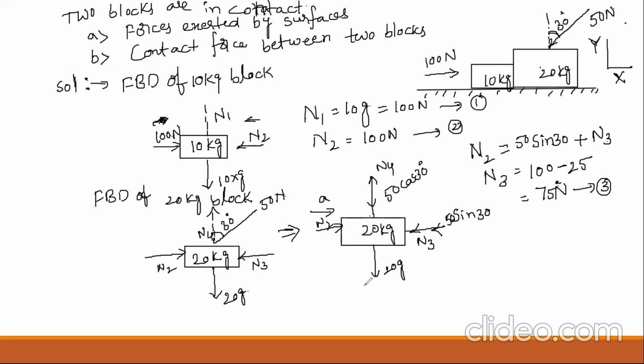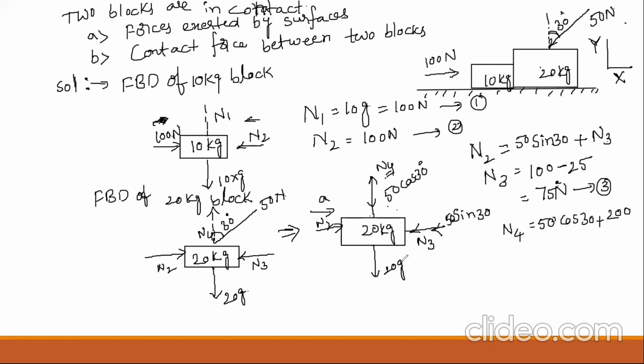Now, what do we get? N4 is equal to, in a similar way. What about N4? I am writing N4. So this is our N4, no? So N4 and these two are in opposite directions. So can I take N4 is equal to 50 cos 30 plus 200.